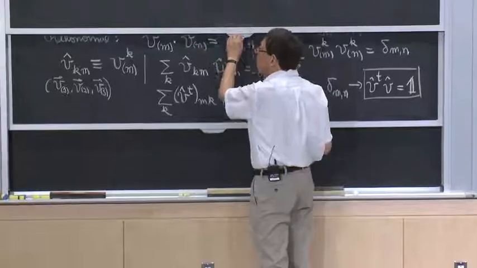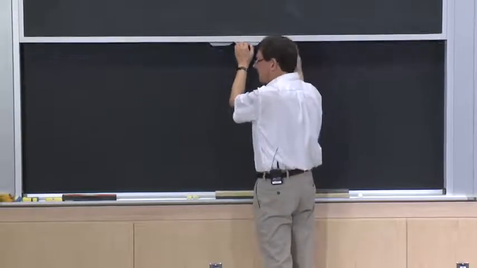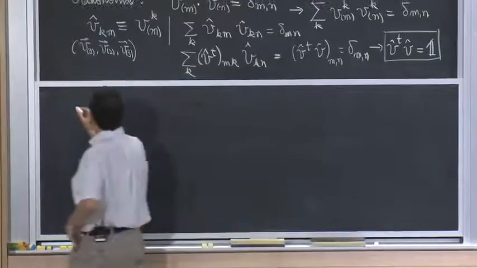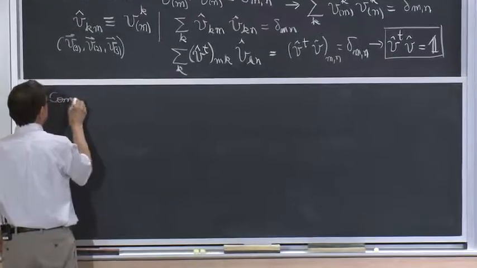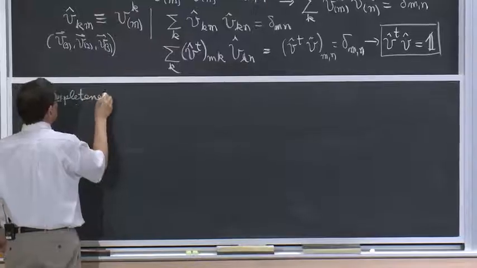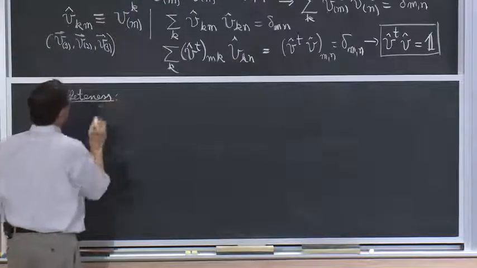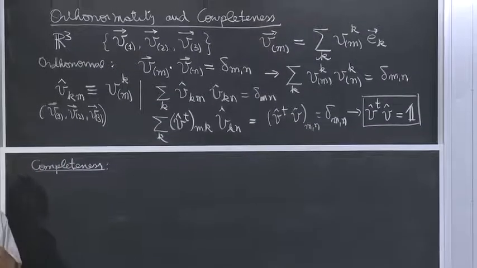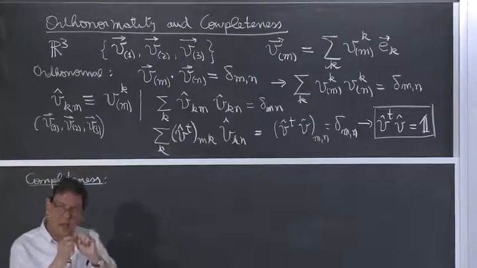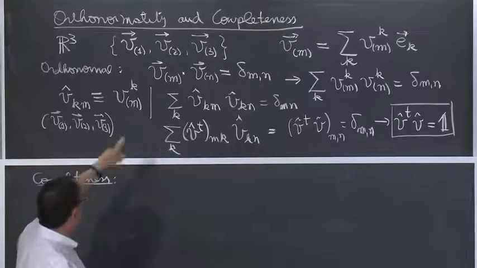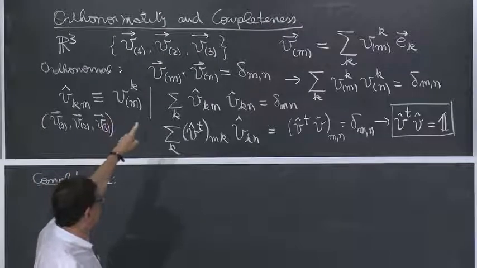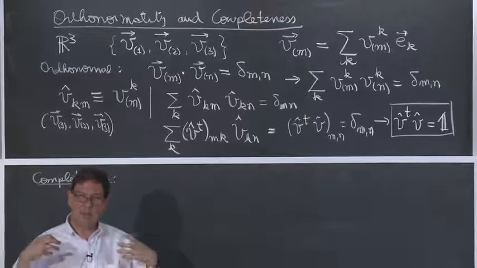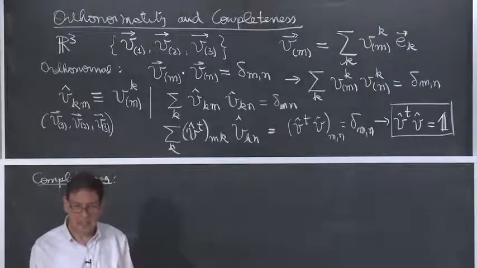The thing that we want to do now is do something similar with completeness. So what is completeness? Well, the statement of completeness for our vectors is the statement that any arbitrary vector can be represented as a sum of numbers times these particular vectors, that these vectors form a complete basis.